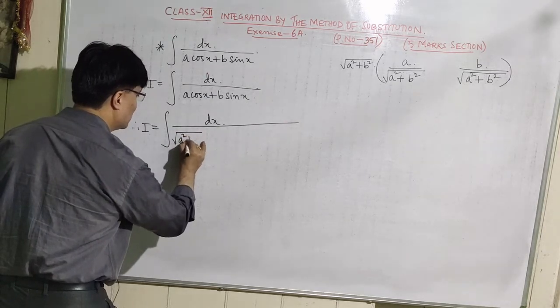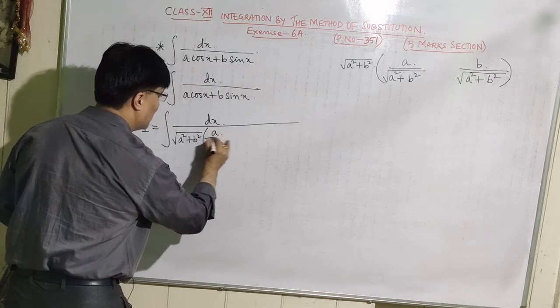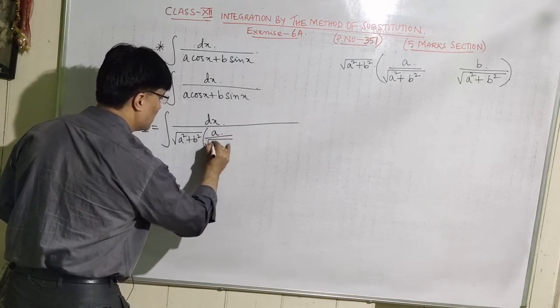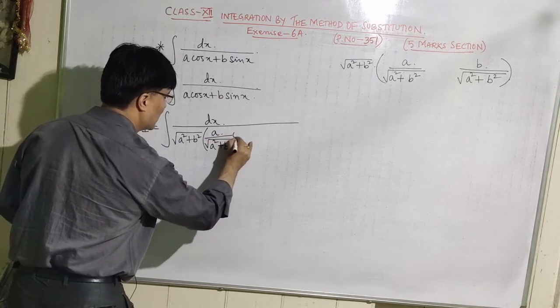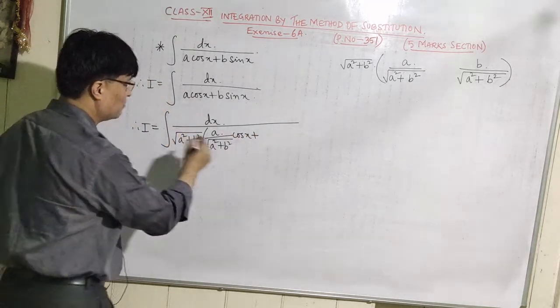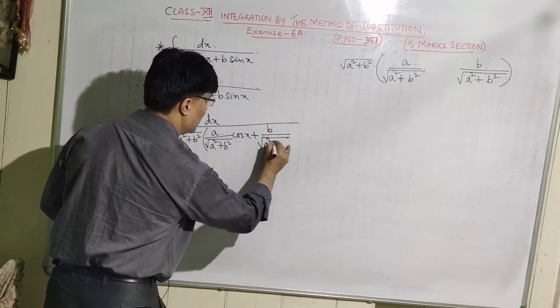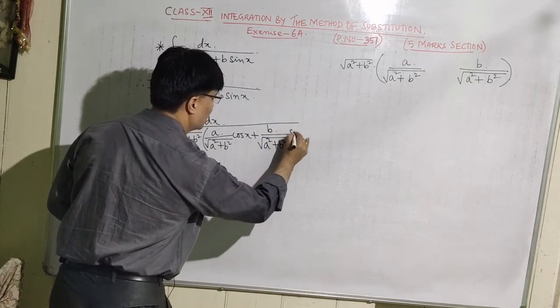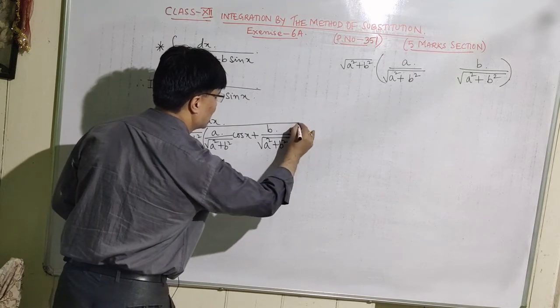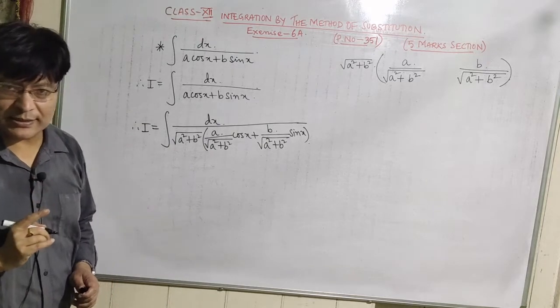It is root over a square plus b square within bracket, a upon root over a square plus b square cos x plus, next, b upon root over a square plus b square, then what can you write here? Sin x. So I think you have understood it, okay?